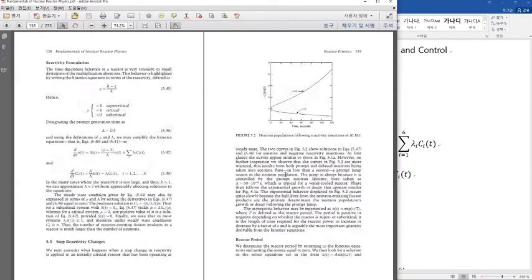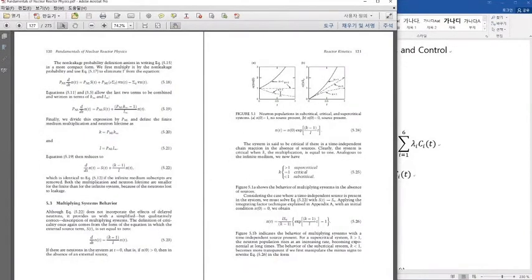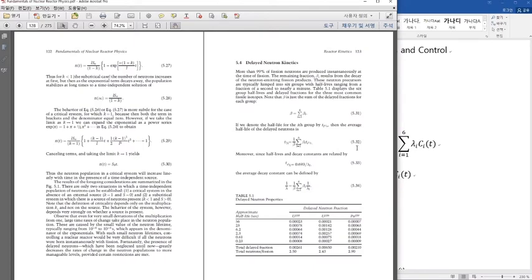That is the case when the neutron density increases exponentially, and because the prompt generation time L is a very small value, the neutron density suddenly increases in a very short time.